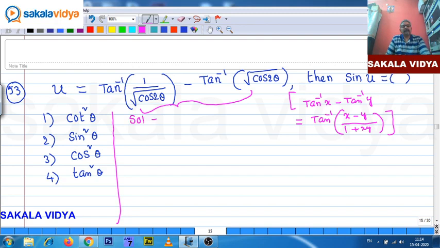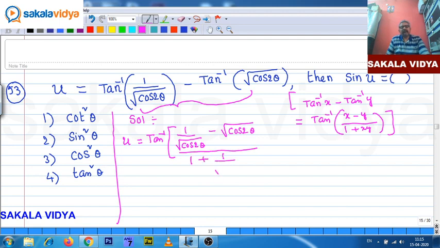u equals tan inverse of, in the place of x we write 1 by root of cos 2 theta, minus y, that is root of cos 2 theta, upon 1 plus x, that is 1 by root of cos 2 theta, multiplied by y, root of cos 2 theta. So this gets cancelled.